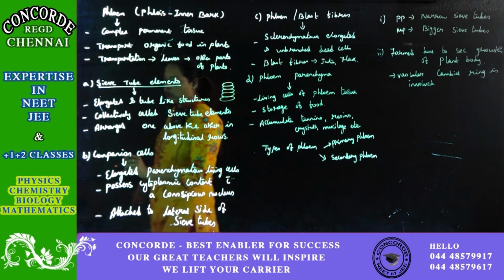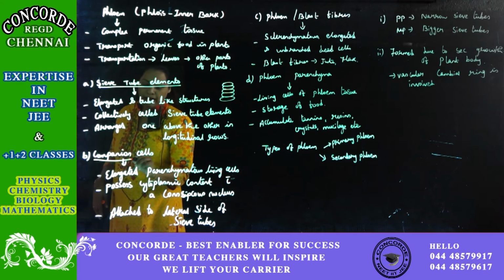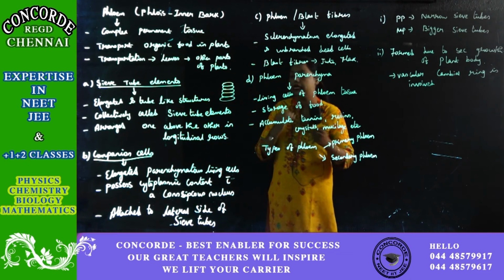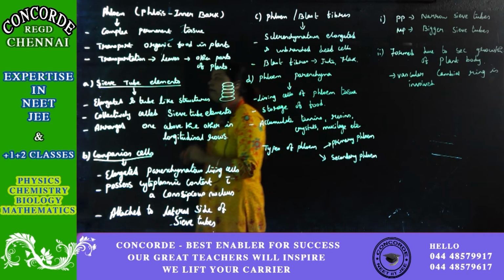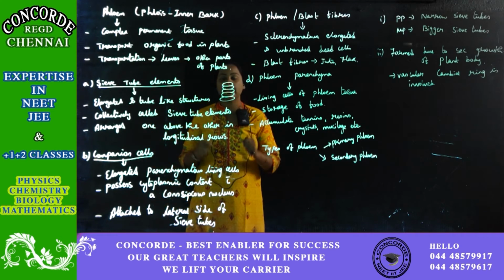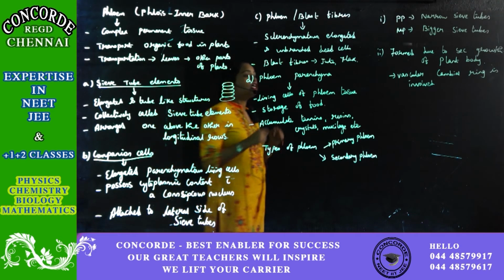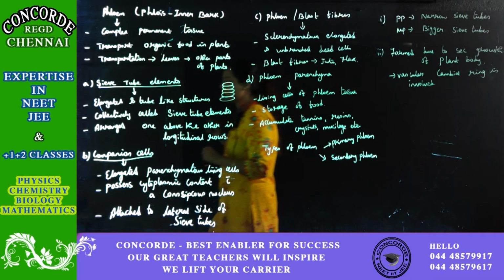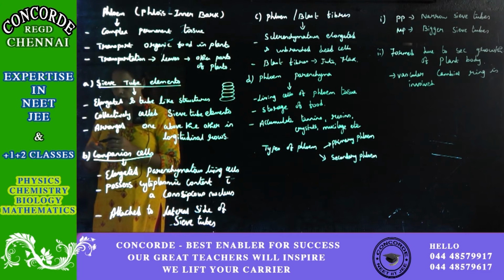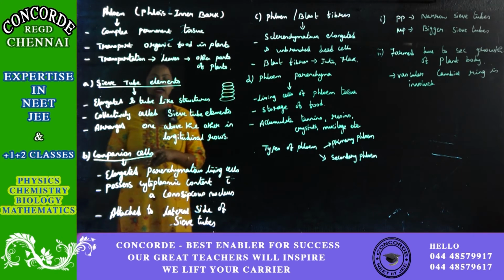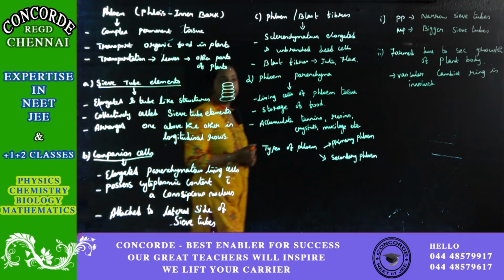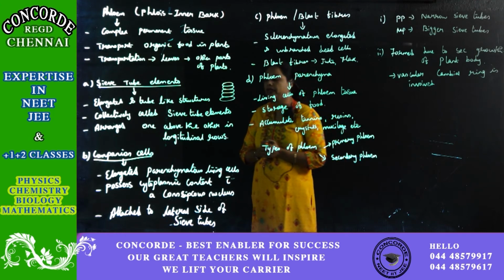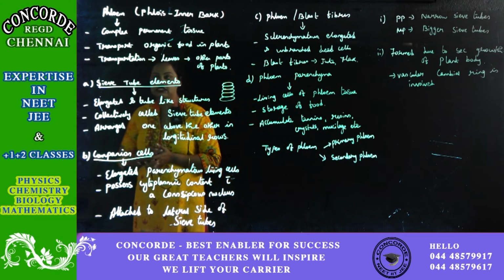The second part of the phloem is companion cells. Companion means it gives company to the cells. These companion cells are elongated parenchymatous living cells, and they have cytoplasmic content with a conspicuous nucleus.